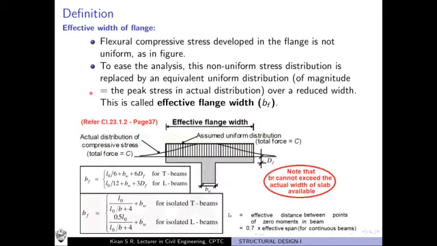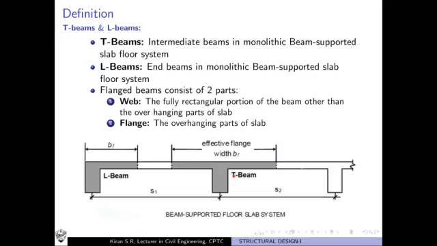Now it is time to define the effective width of the flange. You see, this is a typical T-beam, and you don't know how much part of the slab is associated with it. So you see this figure, we have marked the effective flange width here, but in practice we do not know how much part of the entire slab is part of this flanged beam.